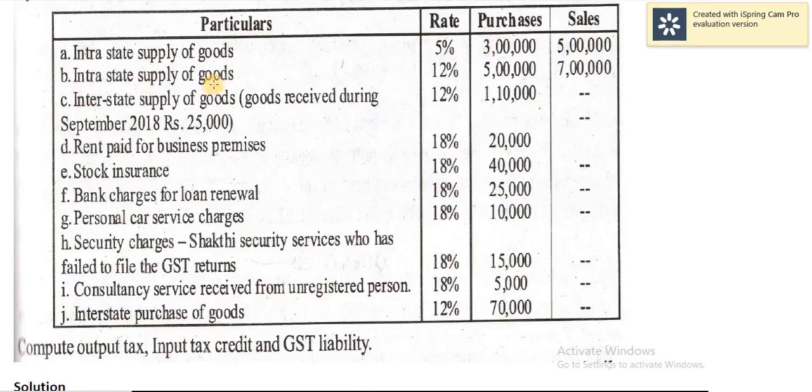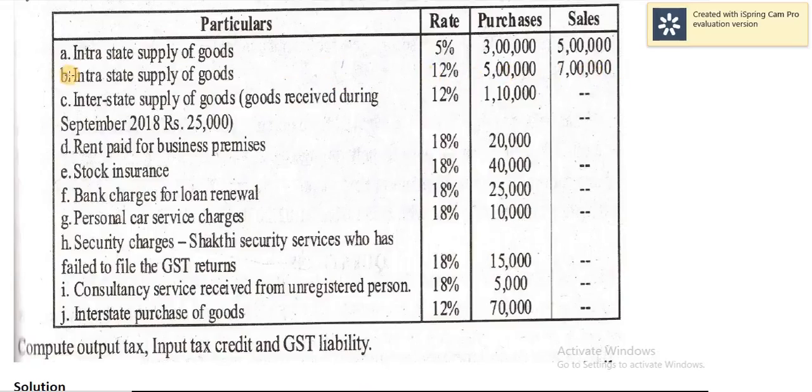Then intra-state supply of goods. So on purchases we will get input tax, and here we are calculating CGST and SGST because it is intrastate only, at the rate of 6% each, on 5 lakh input tax and on 7 lakh output tax.